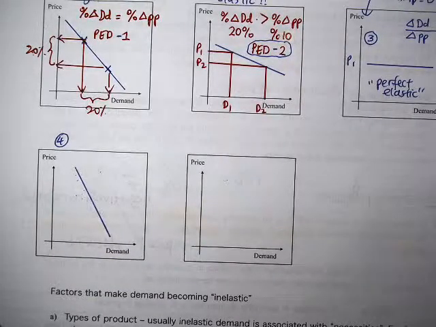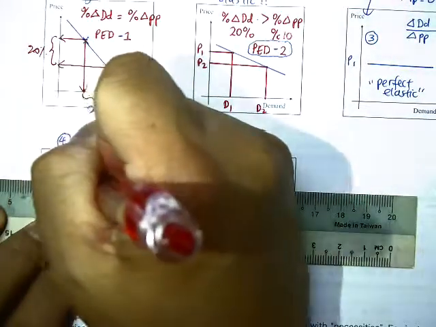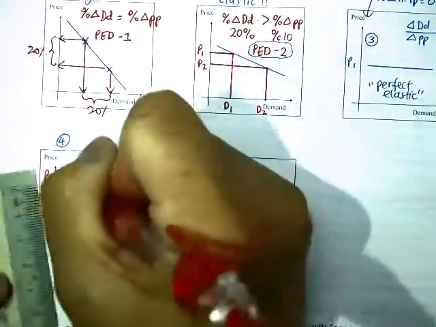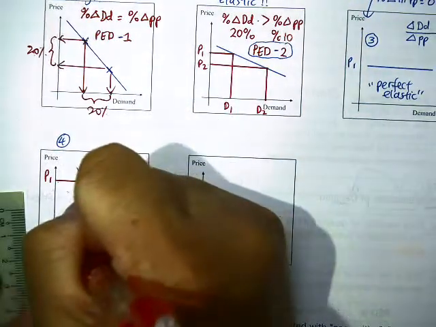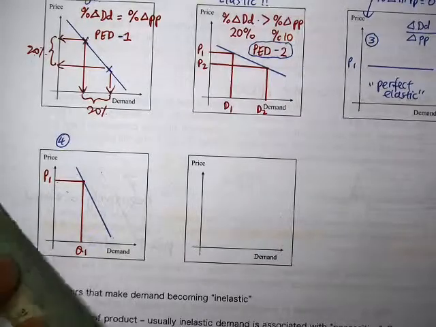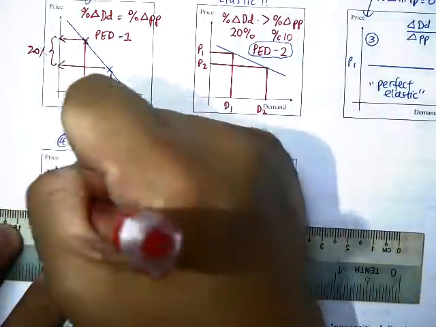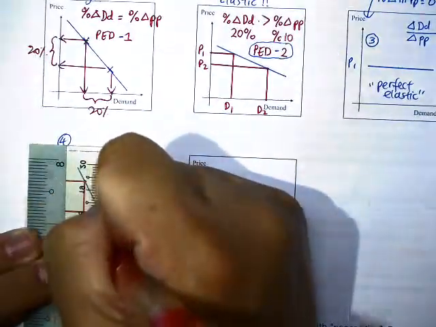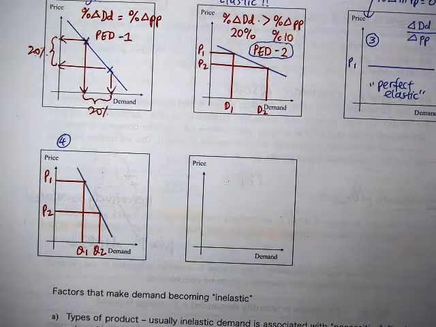See, class, when you make this line a bit steeper, this is the price that I have, and that's the quantity that we have.